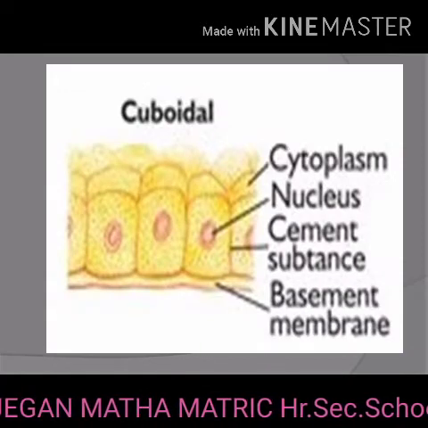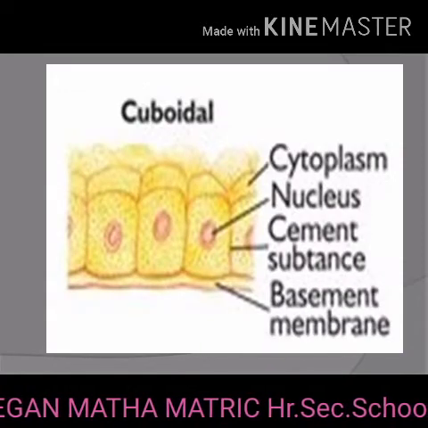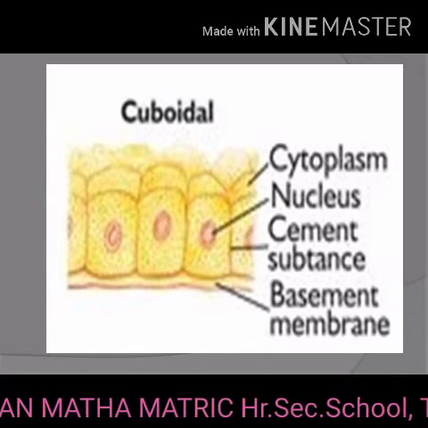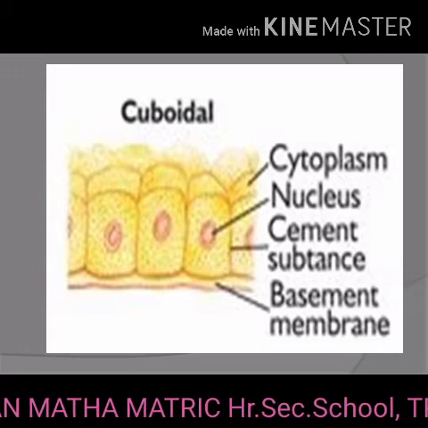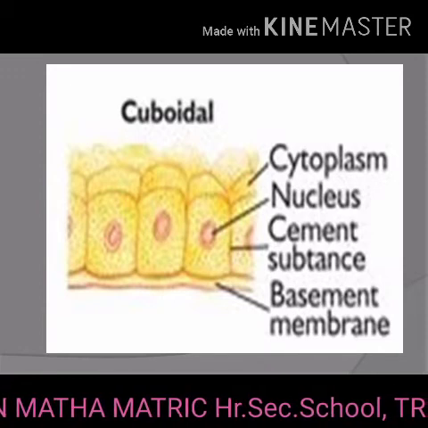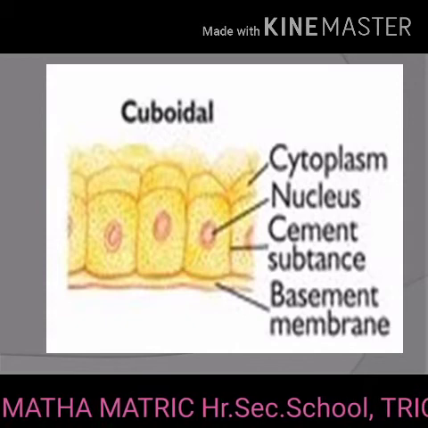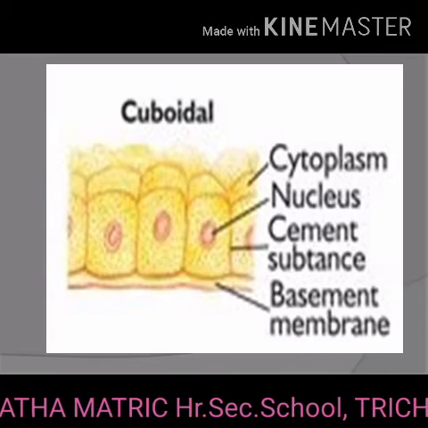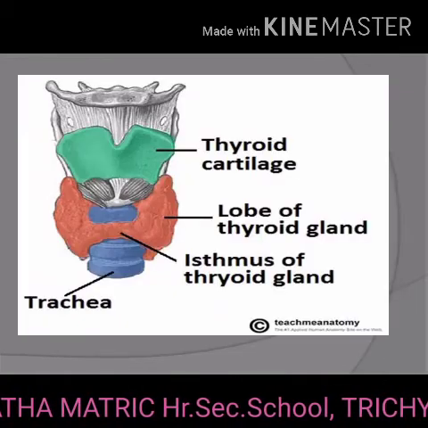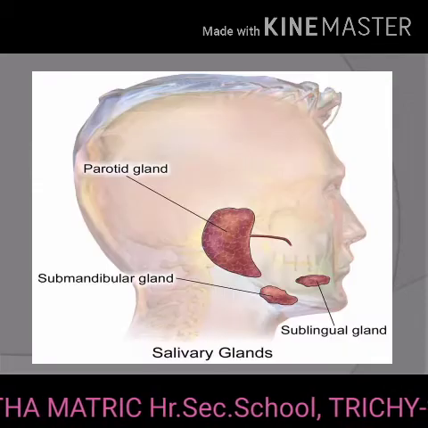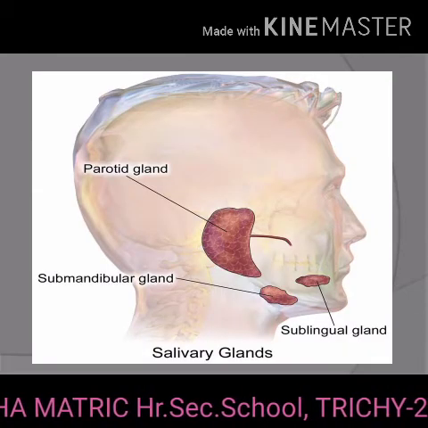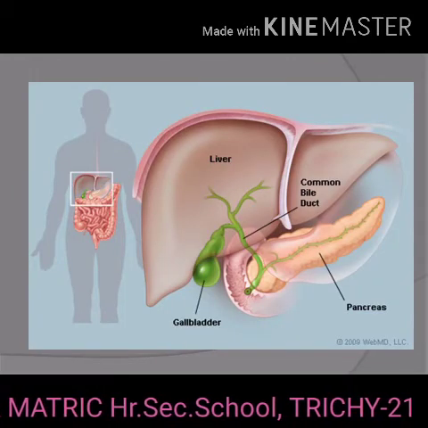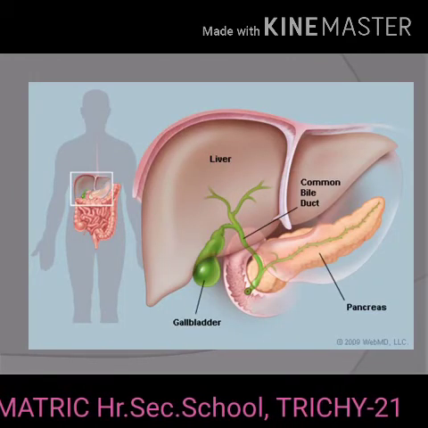Cuboidal epithelium. It is composed of a single layer of cubical cells. The nucleus is round and lies in the center. This tissue is present in the thyroid vesicle, salivary glands, sweat gland, and exocrine pancreas.